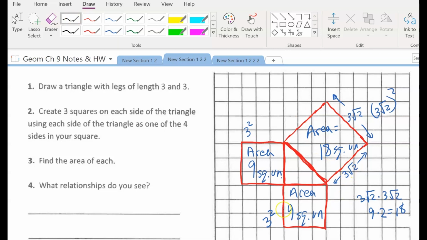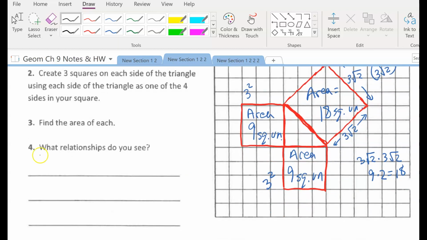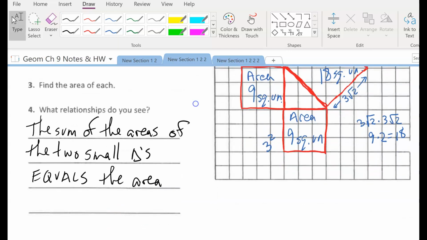So another way that we could say this, and this would be true for any right triangle, is the sum, so sum we're adding, of the areas of the two small triangles equals the area of the large triangle.